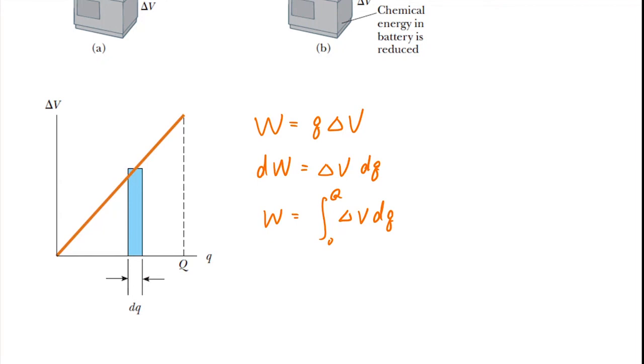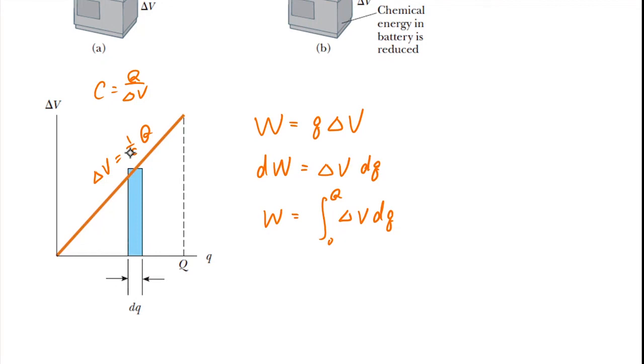Now, what is delta V? We kind of think it's a linear function, but we have to go back to the definition. That tells you delta V is equal to 1 over C times Q.